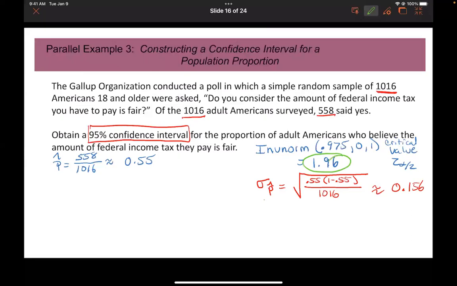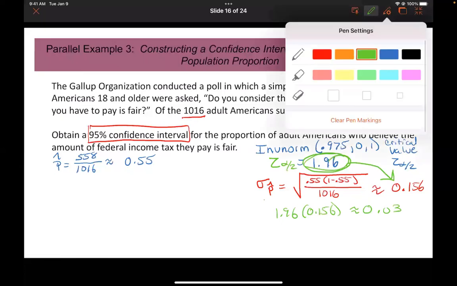So I'm going to take this z sub alpha divided by 2, that critical value, and multiply it by the standard deviation. So 1.96 times 0.156, so I have approximately 0.03.